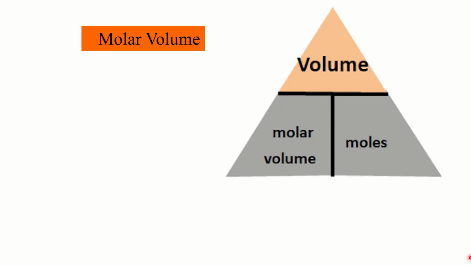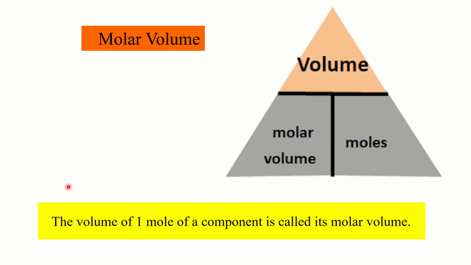Today we will equalize 1 mole with volume, that is called molar volume. Molar volume is the volume of 1 mole of a gaseous component. You have to remember one thing, that molar volume is applicable only for gaseous components.